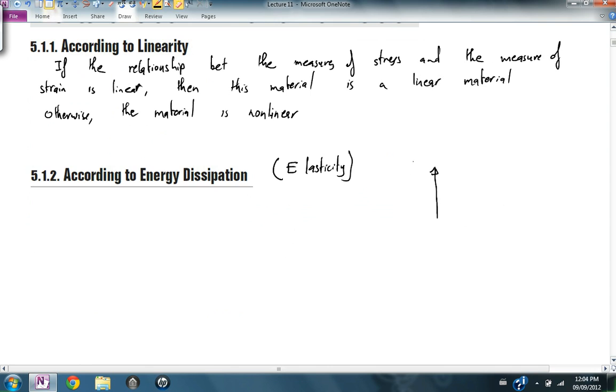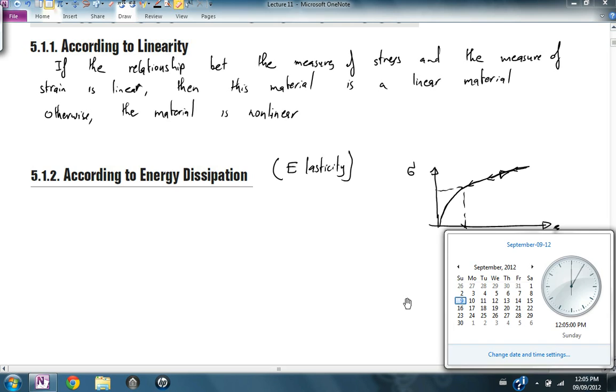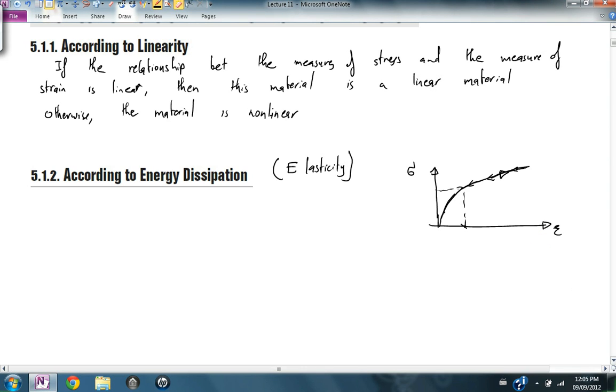It means if this is a measure of the stress and this is the measure of strain, the same amount of effort that is needed to load the material, as you unload the material, you follow the same curve, so at every value of the strain you have the same value of stress. If a material goes up and down on the same curve, this material is elastic and does not dissipate any energy.